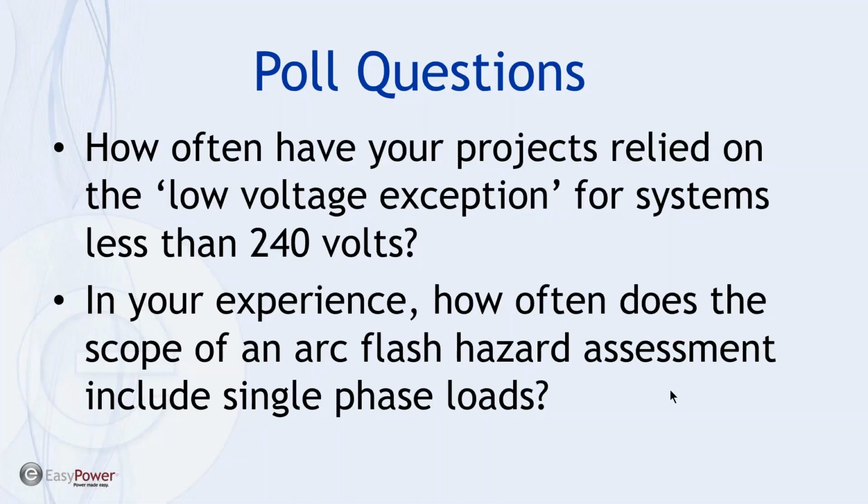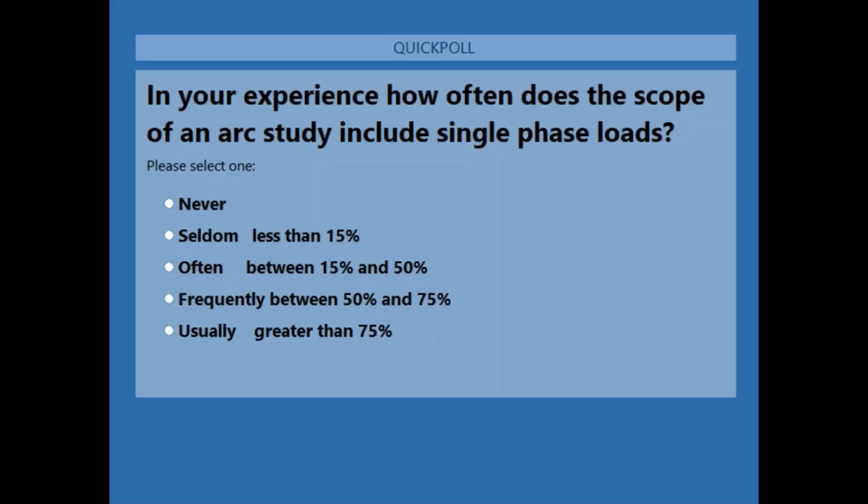And then the second one is about single phase. How often do you include or have the requirement to include single phase in your studies? The significance there is really not a single phase model yet as far as the 1584 standard is concerned. And so the guidance is a little bit sketchy in terms of how to estimate it.